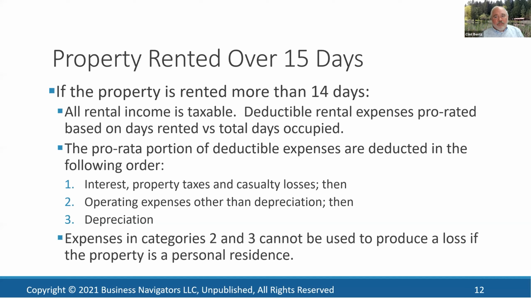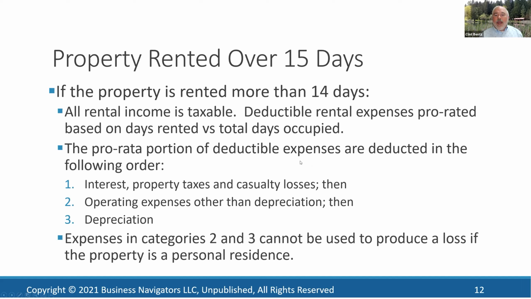You're using it more than 14 days yourself, because you're using it for 30 days, so it's considered a personal residence. In that case, you're only going to be able to deduct 3/4 of each of those various categories of expenses. You rent it out 3/4 of the time that it was in use, so you have to prorate each expense 3/4. 3/4 is deductible business expense, 1/4 is a personal expense.